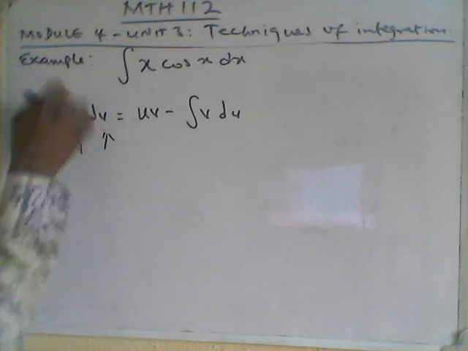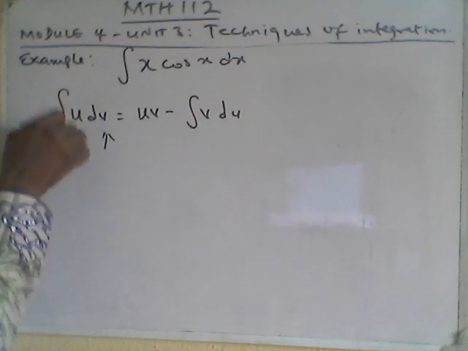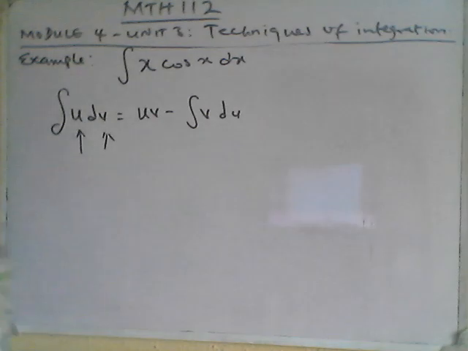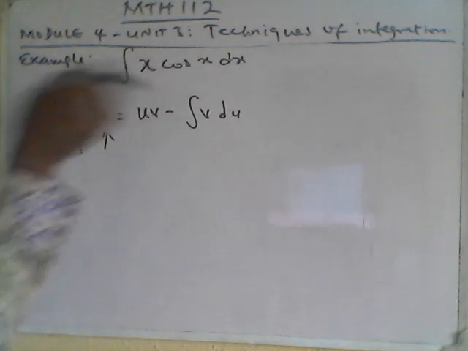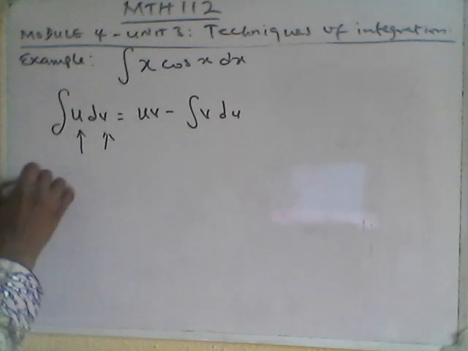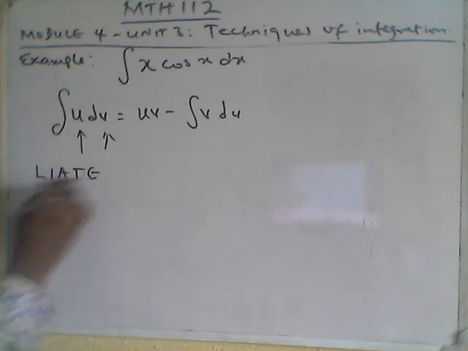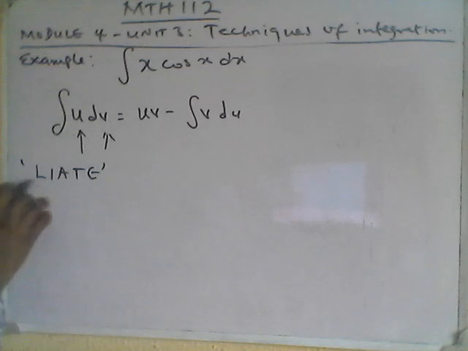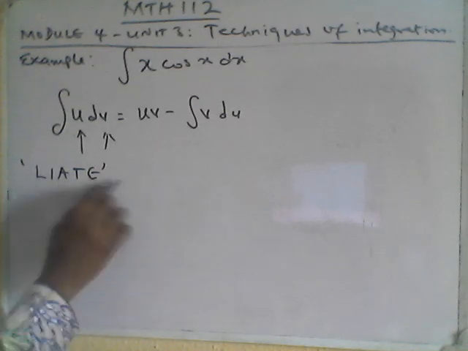There's a process for choosing u. Once we have chosen our u, every other part of that expression will be dv. We are choosing our u following this LIATE. It's an acronym that tells us the order we are choosing the expressions.